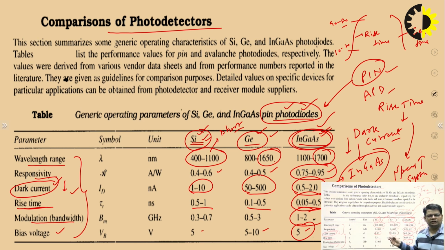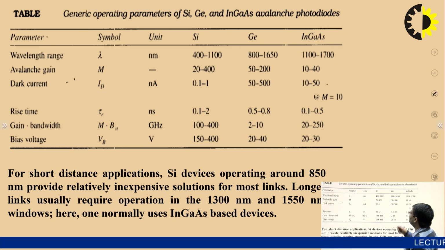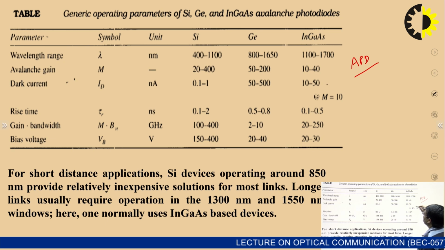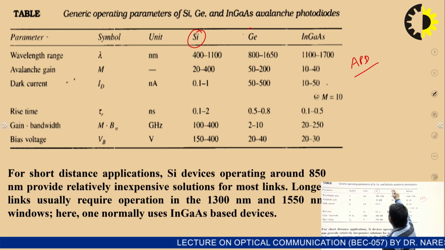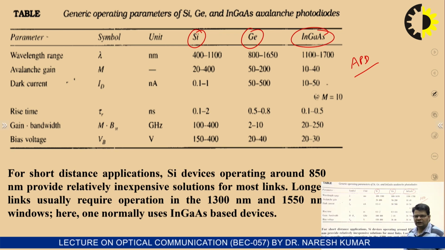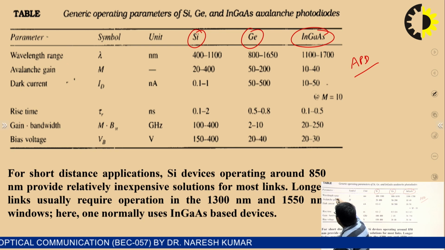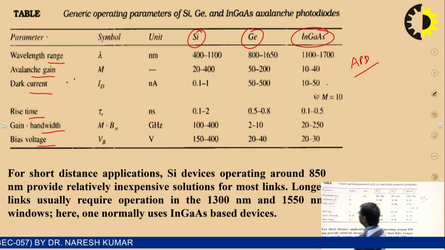As we have studied this type of comparison for the PIN photodiode, in the similar way we can compare the performance of APD photodiode also. So continuing from the previous slide, in this case we are showing the comparison of APD photodiode that is made up of silicon, germanium and indium gallium arsenide, and again we will compare the performance of these photodiodes based upon various parameters like wavelength range, avalanche gain, dark current, rise time, gain bandwidth and bias voltage.